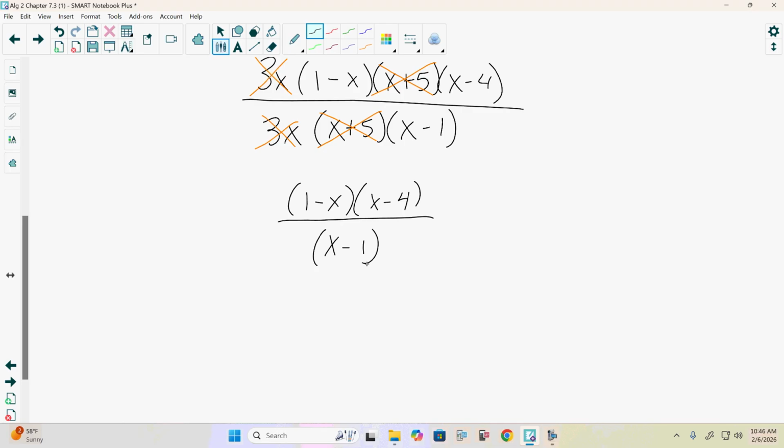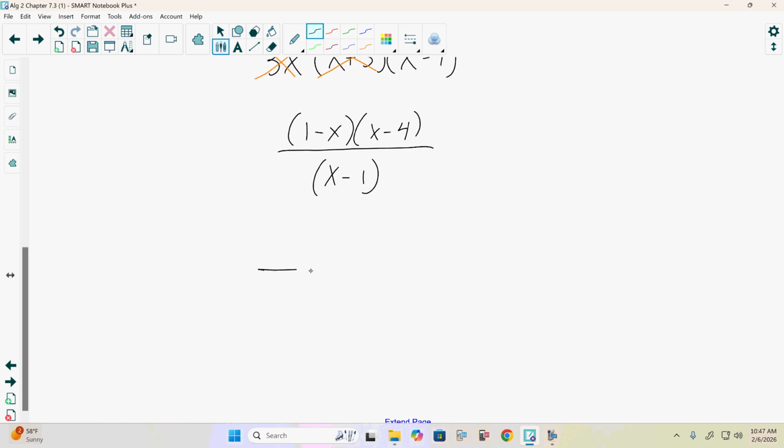Now, something that's interesting is that the x minus 1 and 1 minus x do look very similar to each other, yes? But the only difference between the two is that the one on top, the 1 is positive and the x is negative, and the one on bottom, the x is positive and the 1 is negative, yes? So, I'm going to try something. If, in this set of parentheses here, the 1 minus x, I factor out a negative 1 from it.